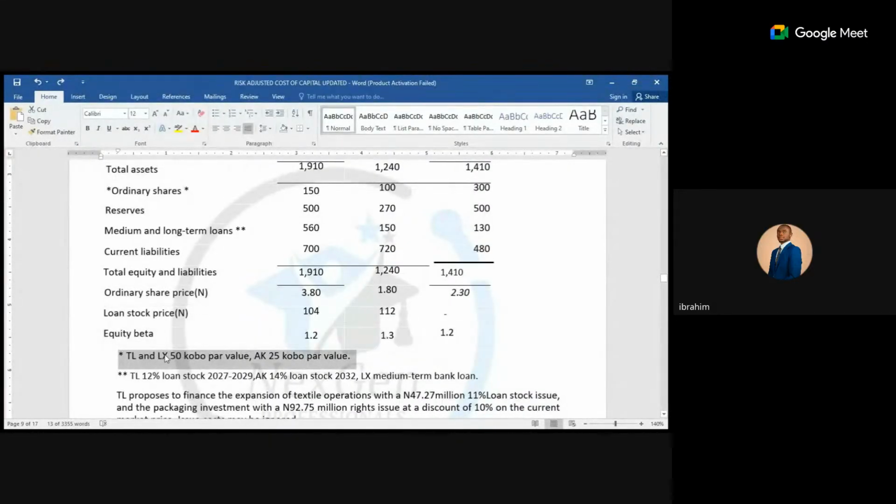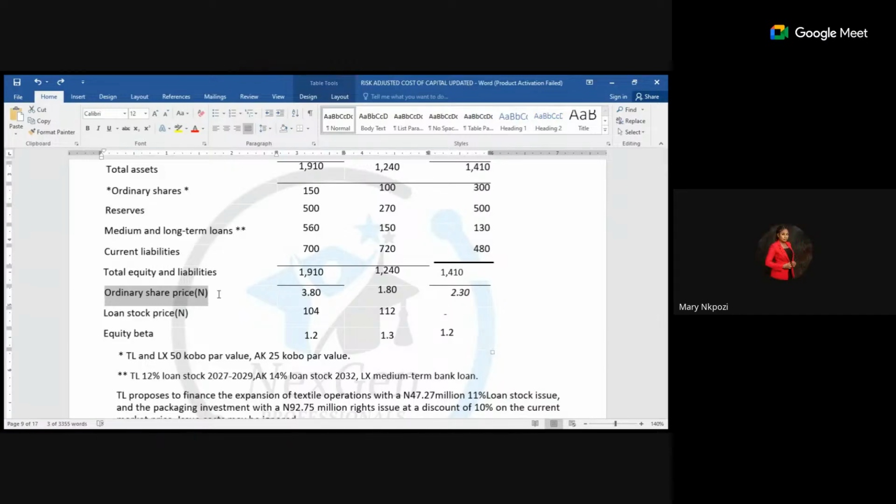Is it the 50 kobo that is the nominal price, or the ordinary share price that is the nominal price? 50 kobo is the nominal price. Thank you. Because they've stated par value, it is the nominal value. This is the ordinary share price. They say share price, that is the market price.